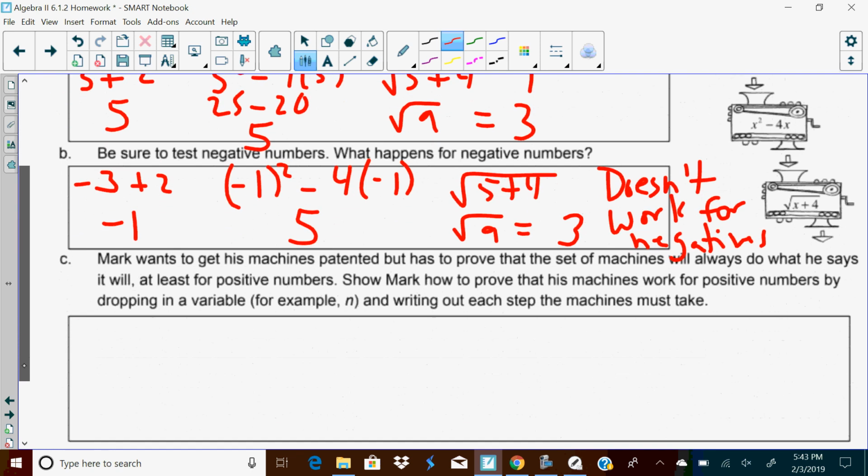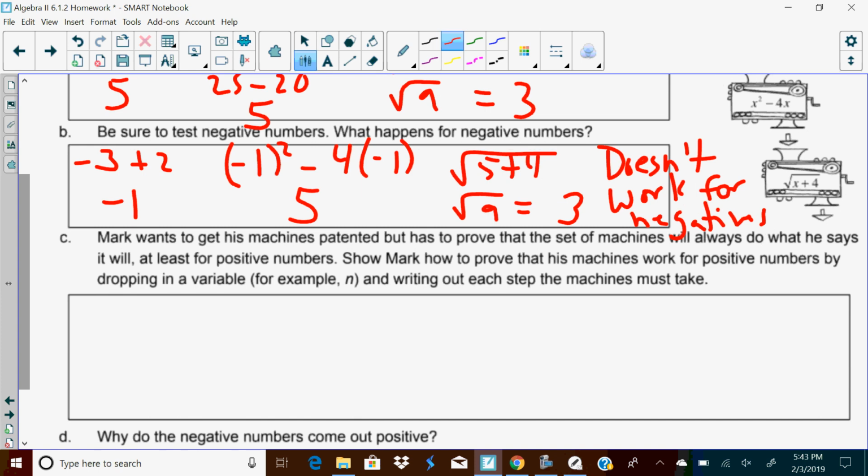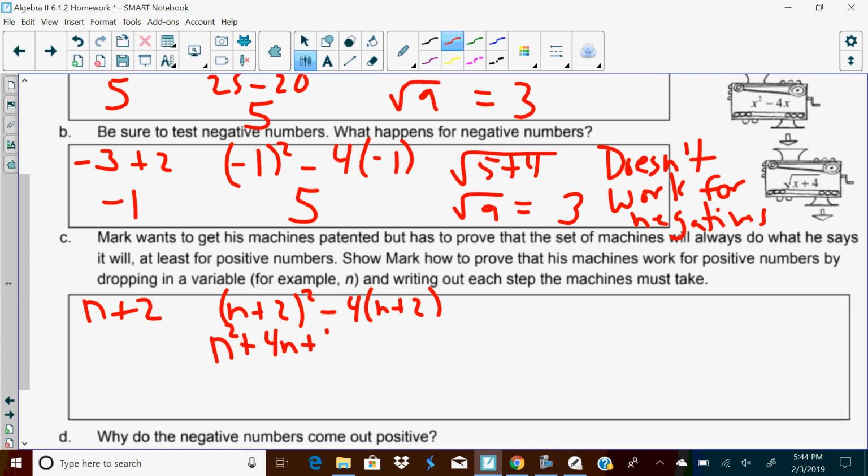C says Mark wants to get his machine patented, so we're going to plug in a variable. So let's do n. So we do n plus 2. Then I plug in (n plus 2) squared minus 4 times (n plus 2). So if I multiply that out, I'm going to get n squared plus 4n plus 4 minus 4n minus 8.